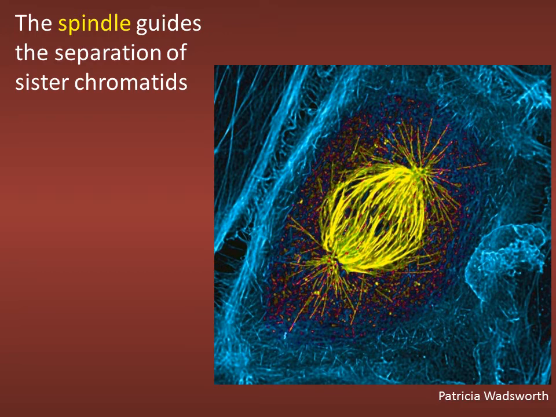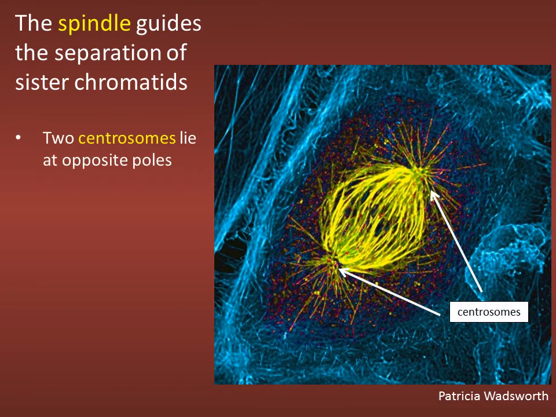Now, before we can start talking about the phases of mitosis, there is an important structure called the spindle that's created. The spindle refers to the set of protein filaments that will help guide the separation of the chromosomes when they occur.